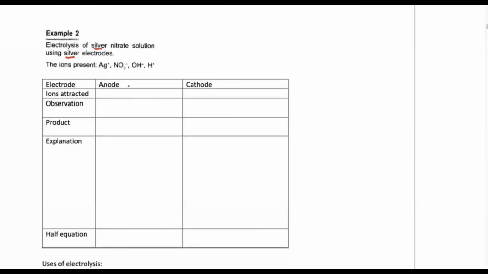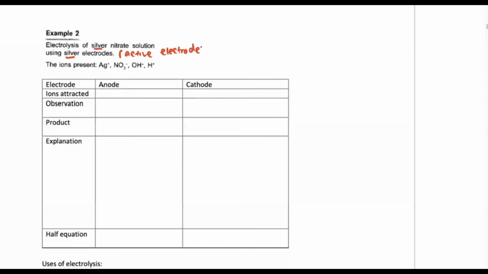Remember, these are active, or reactive, electrodes. The ions attracted to the anode are, of course, the anions, NO3 minus and OH minus. None of these is chosen to form products, but the anode becomes thinner because the silver anode dissolves in water to form silver plus.